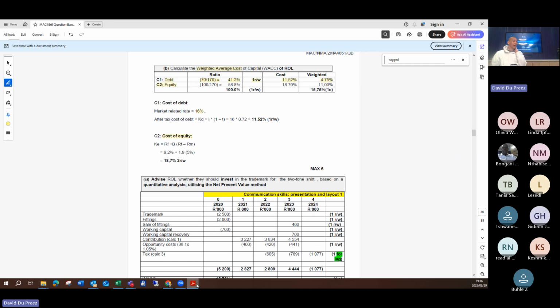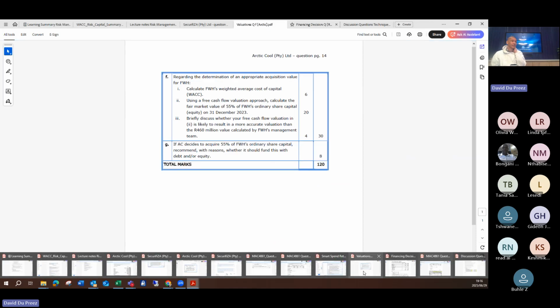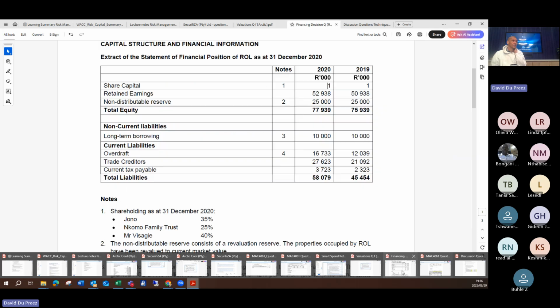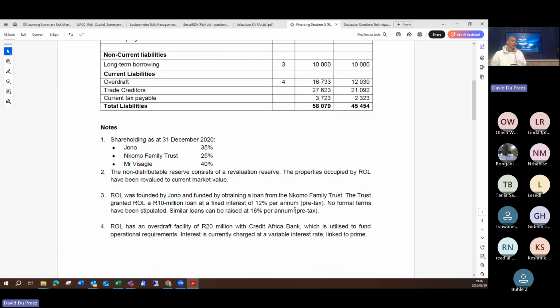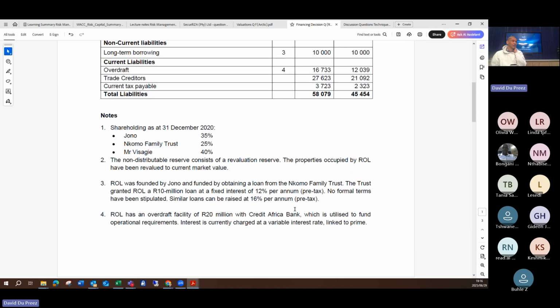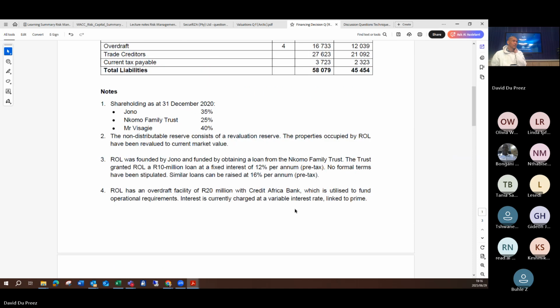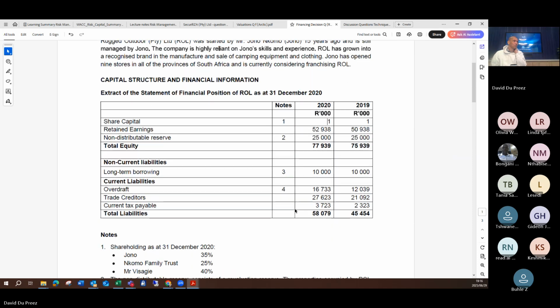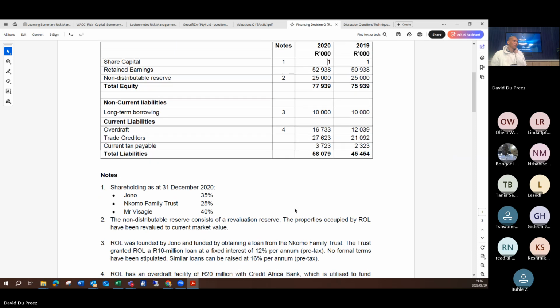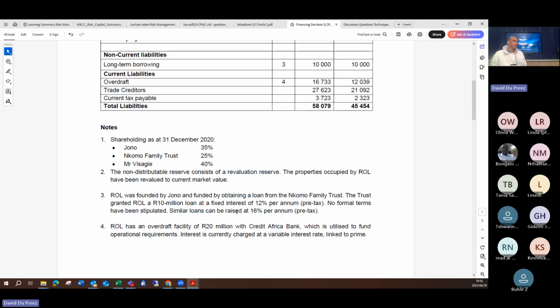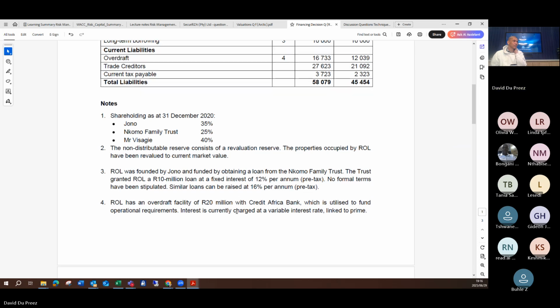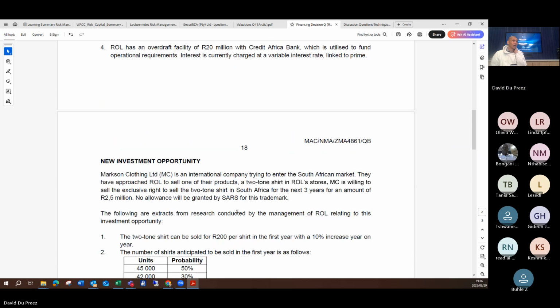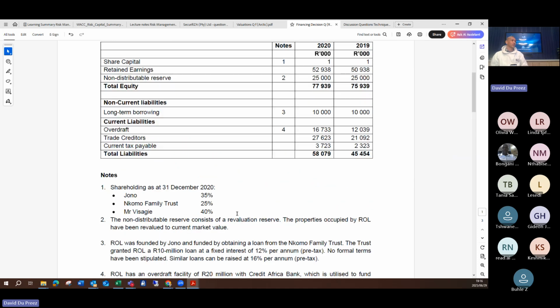So here's my question: why did they not even look at that? If I go further in this, 35%, 25. I don't know why they use that. I would not agree with that solution.